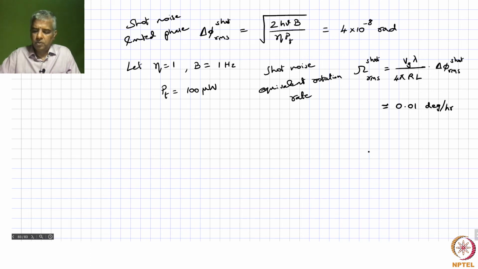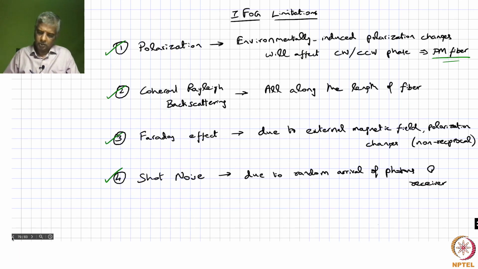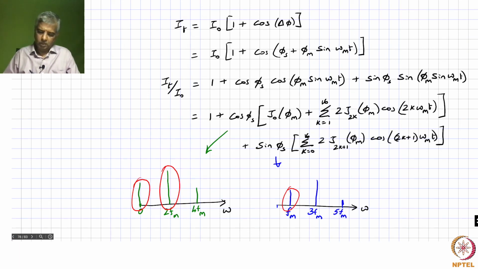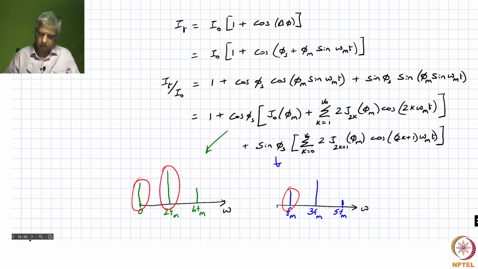And then there is of course this issue that we talked about briefly, in terms of ensuring quadrature detection. For quadrature detection, we said we are driving this PZT at a frequency of 1 over 2t, where t corresponds to the round trip time, and then we went through the math to figure out what sort of signals you're getting.